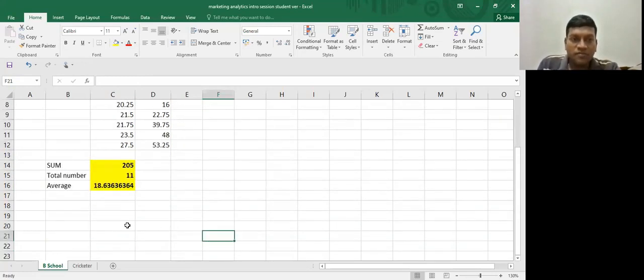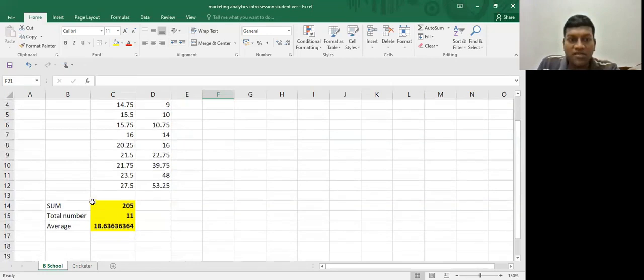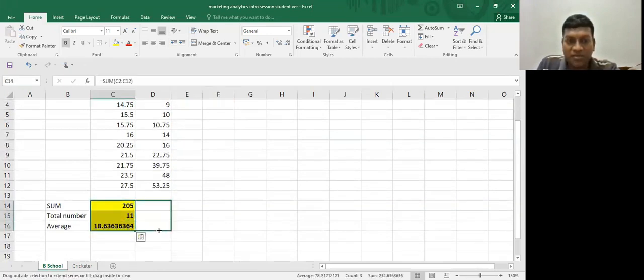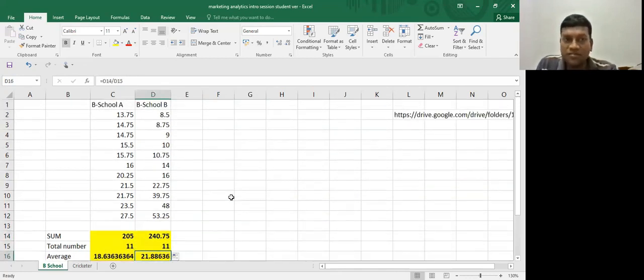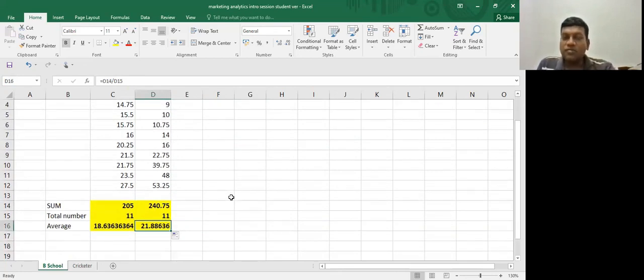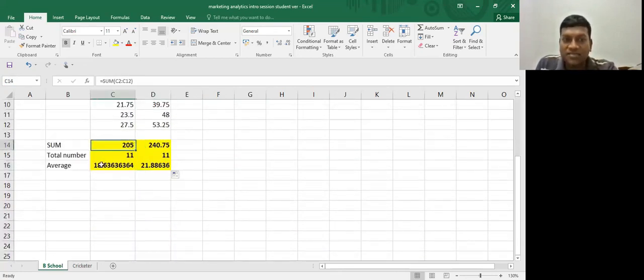Now for B school B, all that I'm doing is taking this and dragging it to the adjacent column, and I'm getting the sum, the total number, and the average for the other B school also, B school A and B school B. Please understand that when I just drag this, three things happened here. First, the format got copied.